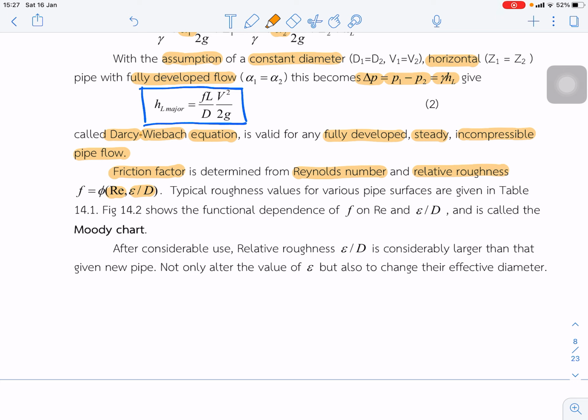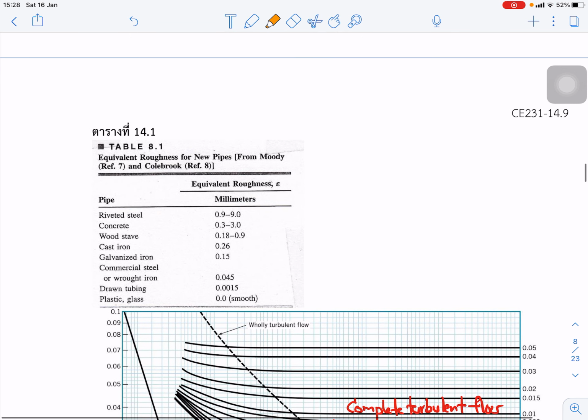Typical roughness values for various pipe surfaces are given in the table. That is the equivalent roughness epsilon e for different types of pipe. If smooth, for example plastic or glass, it is very smooth and the roughness is close to zero.